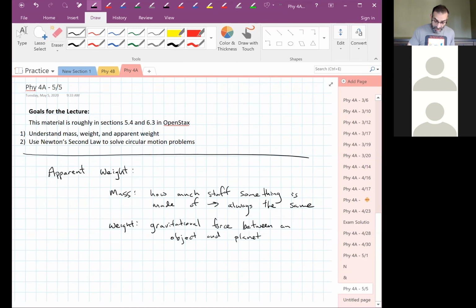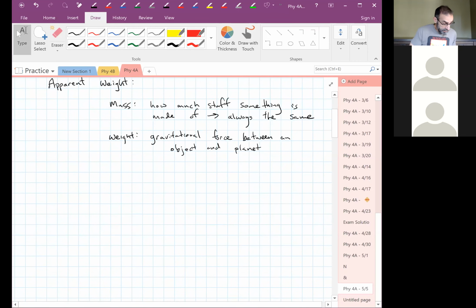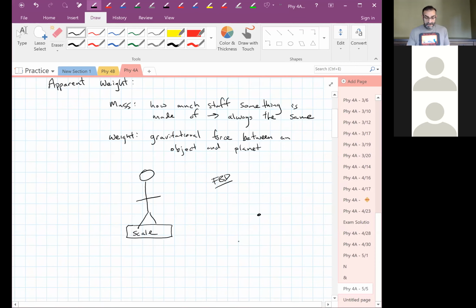Okay, so let's talk about, we've got a person standing on a scale. There's our person. And let's draw a free body diagram for them. What's touching our person? The scale, right?